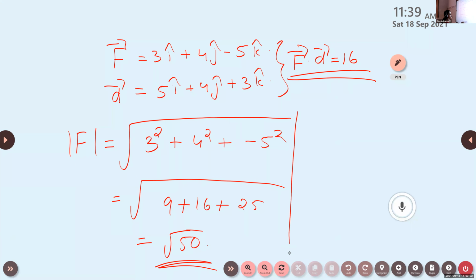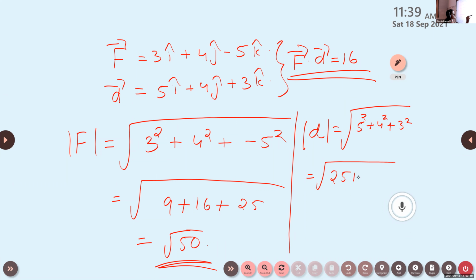Similarly, we can find the magnitude of the displacement vector D is equal to square root of 5 square plus 4 square plus 3 square, that is root of 25 plus 16 plus 9. Again the same, it is also equal to root 50, right? So the magnitude of vector F is root 50, and similarly vector D is also root 50.